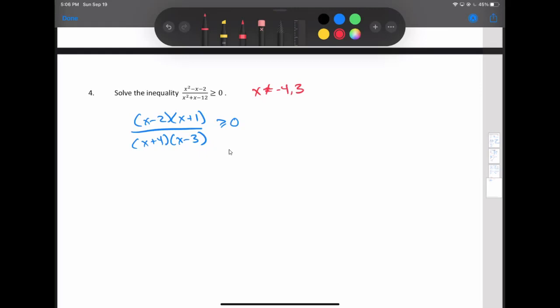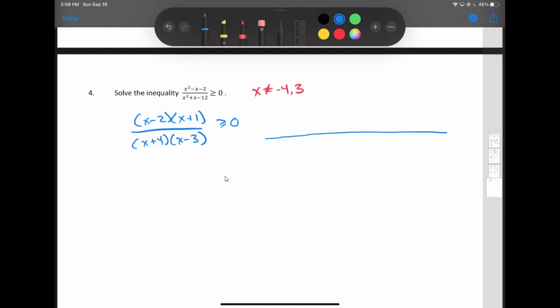So what do we do from here? Let's take a look at anywhere the graph is a 0 on the top or on the bottom. Okay, so I'm going to draw a little number line over here. And I'm going to put on the numbers that give me 0 on the top or the bottom in order, but don't worry about spacing or anything like that.